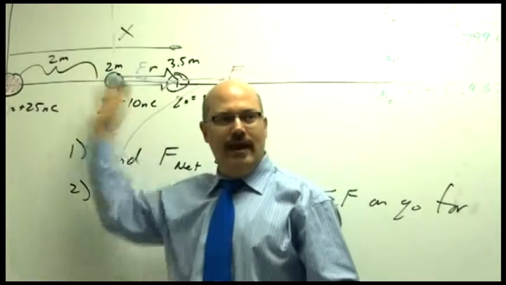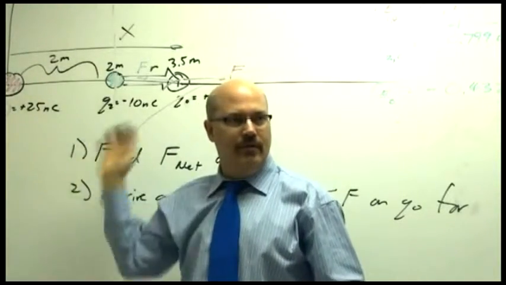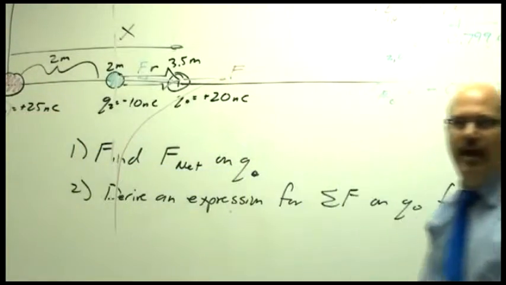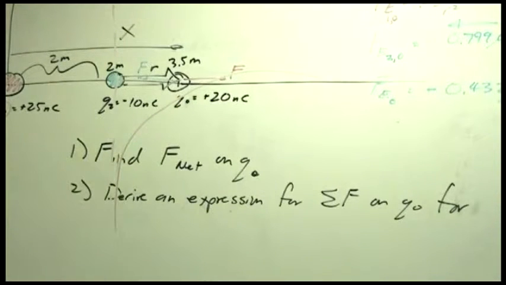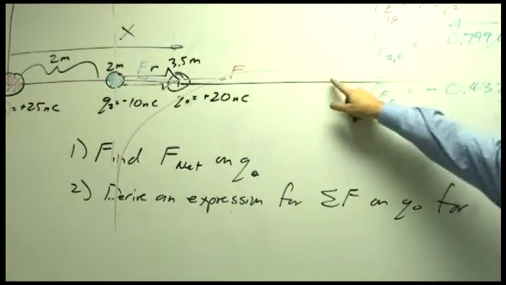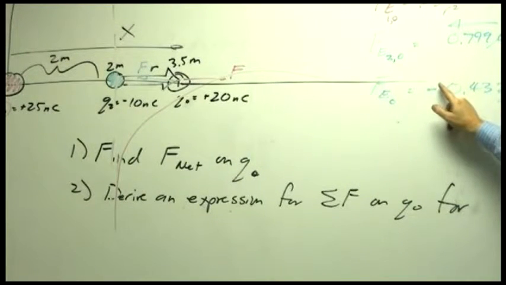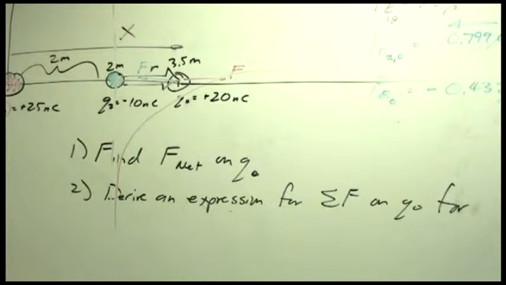What do these two charges look like? Nothing. They look like they're real close together, right? If you're really, really far away, they look like nothing, and so what kind of force should you get? Nothing.